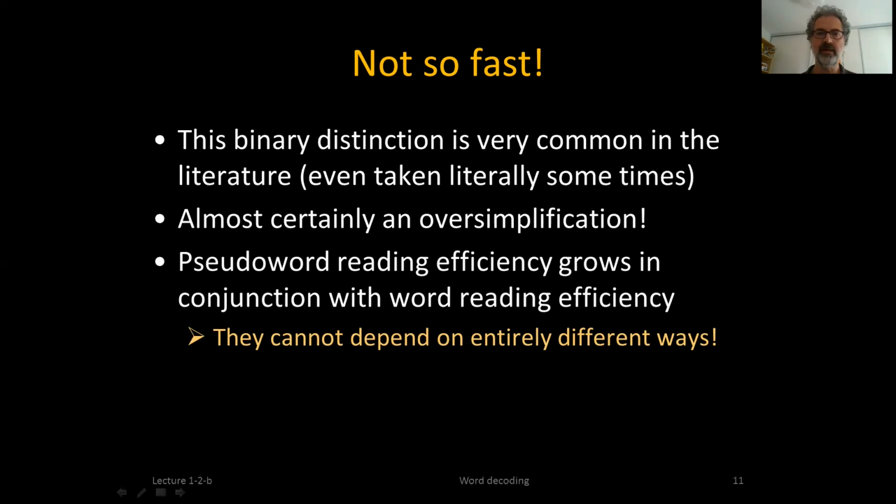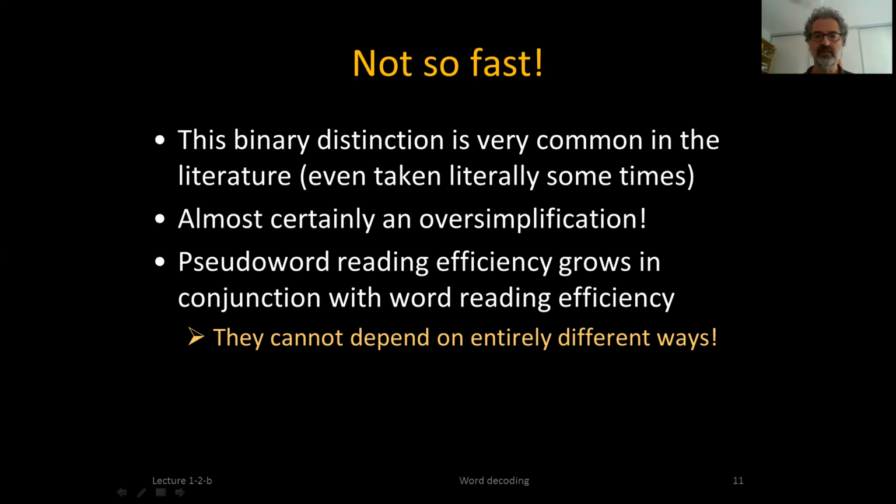One reason that it has to be oversimplification is that we know that pseudo-word reading efficiency, so how efficiently one reads words that don't exist, new words they've never seen before, actually grows in conjunction with word reading efficiency, with how easily and quickly one reads words one already knows.